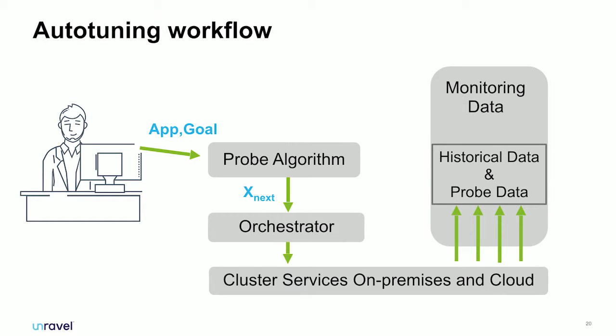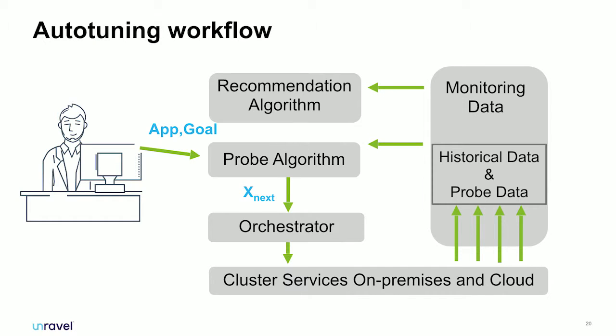Then when the new run happens, we get new data about this run, and we combine that with the historical data and the probe data. So now with more data, we repeat this process and see if we can come up with a better recommendation. This cycle can repeat up to a certain number of times specified by a resource budget that the user is allowed to spend on finding a good solution for this app.